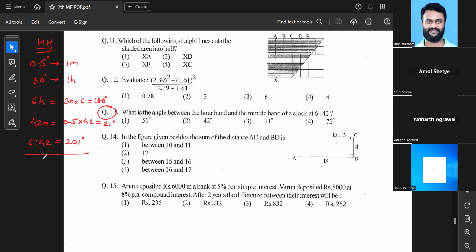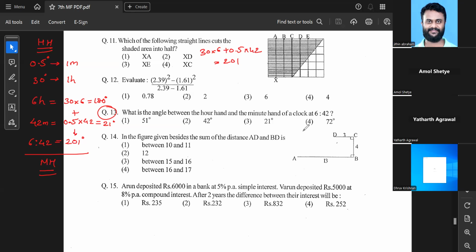This is about the hour hand. Since I'm explaining, I'm doing it in detail. In an exam, you can directly write 30 into 6 plus 0.5 into 42 and directly reach the answer, 201. You don't have to do this step by step.